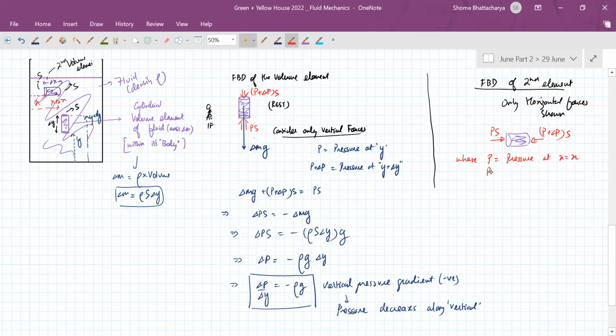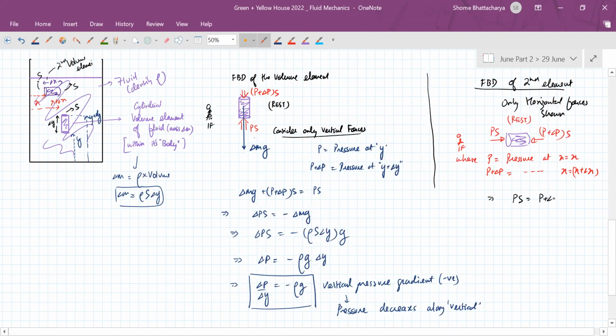And P plus delta P is the pressure at x plus delta x. So now we will see that this is at rest in the inertial frame. So again, forces should balance. So this delta P should be 0.